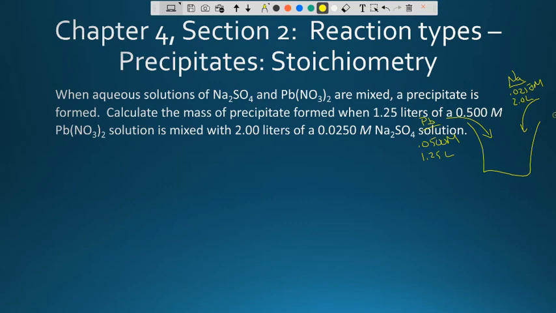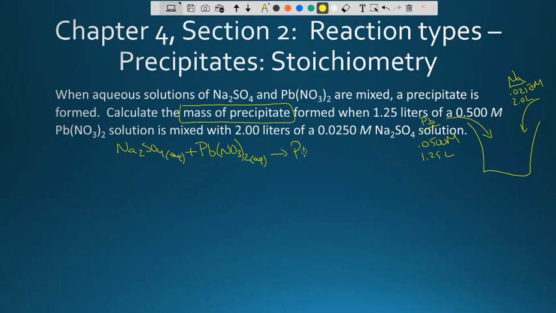So let's take a look at what's going on to figure out the mass of precipitate formed. It's a stoich problem. Let's balance an equation. I take a look at sodium sulfate, Na2SO4, that's going to be aqueous. We have to figure out who my precipitate is, don't we? We take a look at my lead nitrate. Now, all nitrates are soluble pretty much, so that's going to be aqueous.